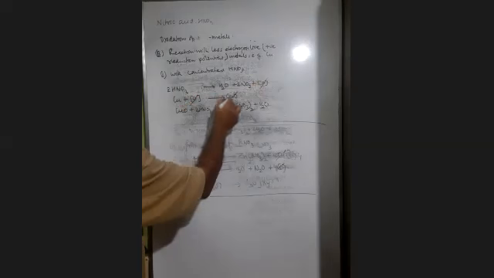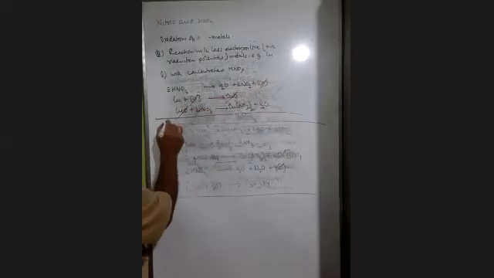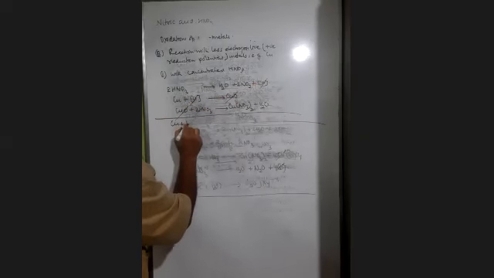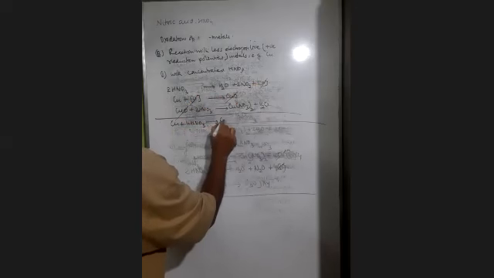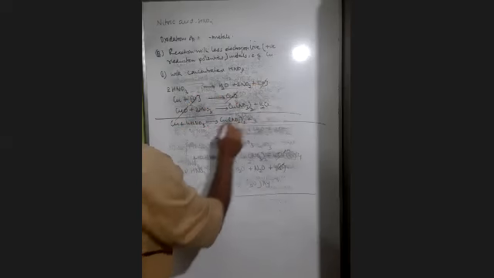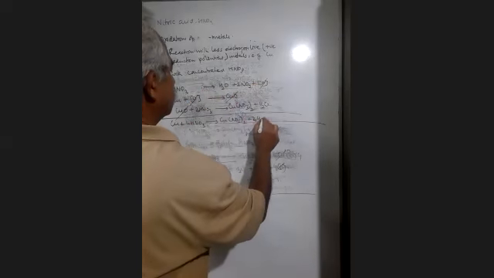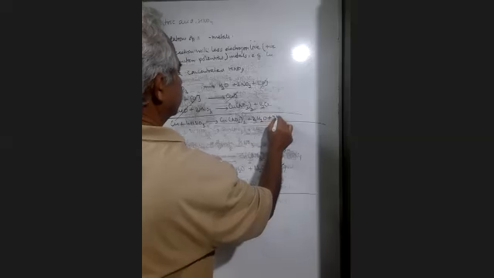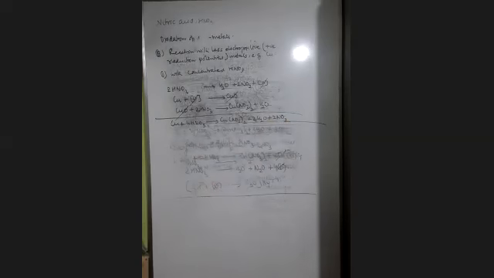This cancels. So I'll write here now: copper, 2 plus 2, 4. 4HNO3 will give you copper nitrate, 1 plus 1, 2, 2H2O plus 2 nitrogen dioxide. Now, try to understand, don't write.